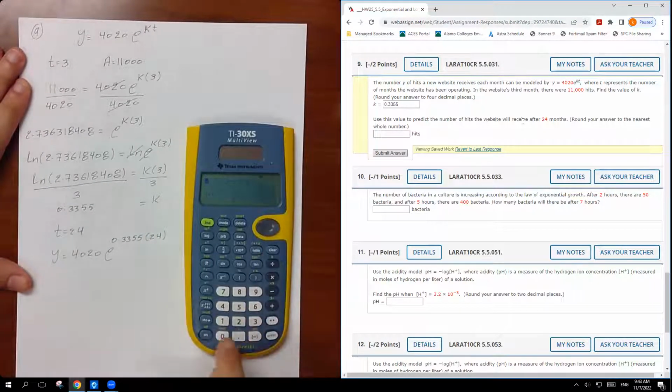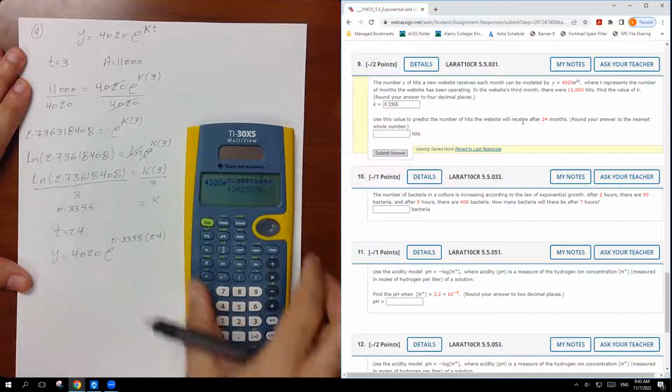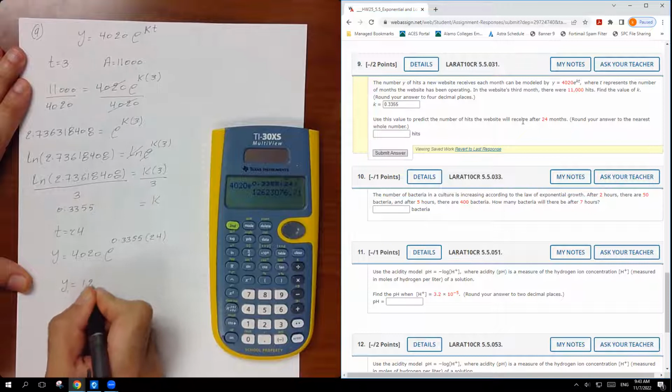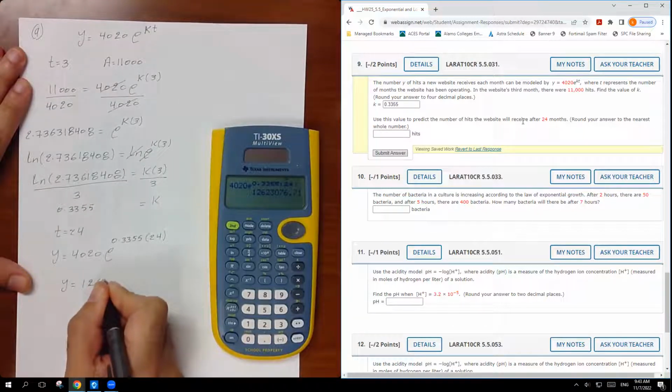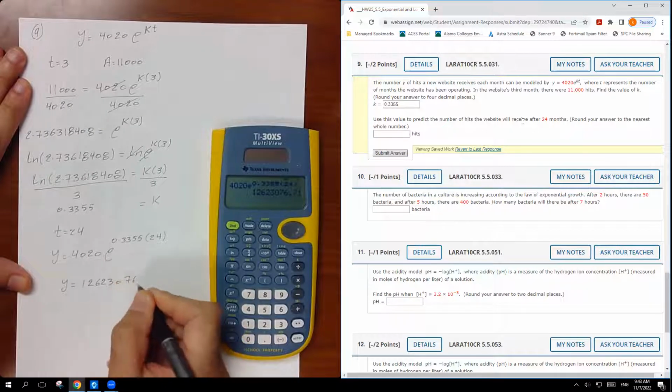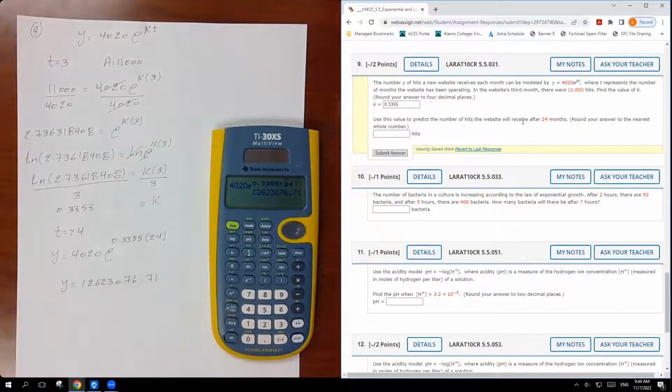That means it's going to be 4020 e to the power 0.3355 times 24. It's going to be y equal 12,623,076.71. Also, we need to round your answer to the nearest whole number.